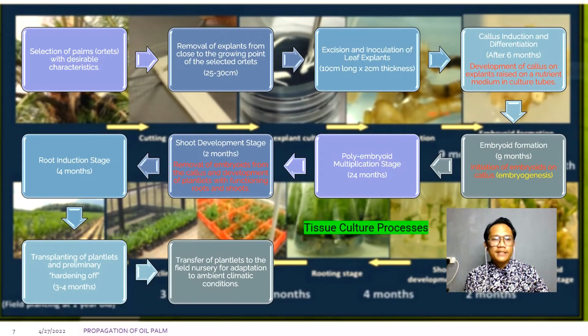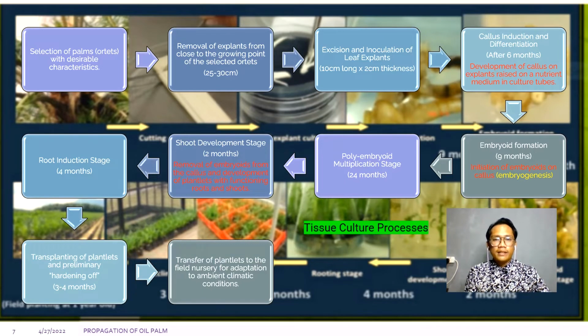The tissue culture process starts by selecting the palm with desirable characteristics. In this case, we are using Tenera palms, by removal of the explant from close to the growing point, approximately 25 to 30 centimeters.